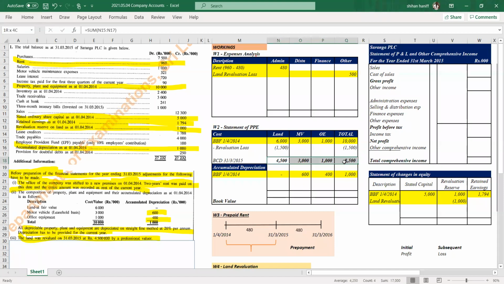Therefore, this is the closing balance. Land 4.5 million, motor vehicle 3 million, equipment 1 million, total 8.5 million. Right. Then depreciation.